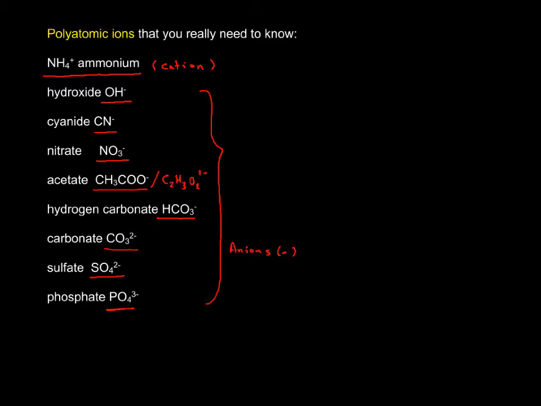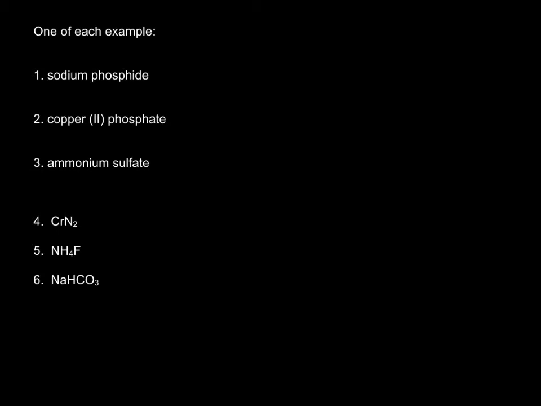Now let's just put them together. So one example of each. If you are challenged with sodium phosphide, sodium is group 1, simple ion, 1 plus. Phosphide means it's just a monatomic nonmetal, group 15, so it's 3 minus. Swap the charges, so Na 3 times, phosphorus 1 time. Copper 2 phosphate.